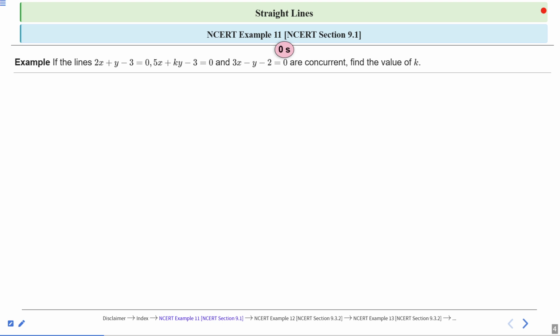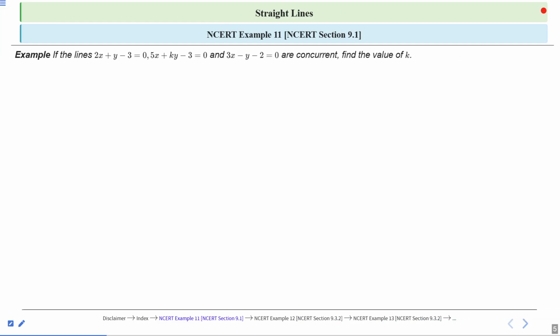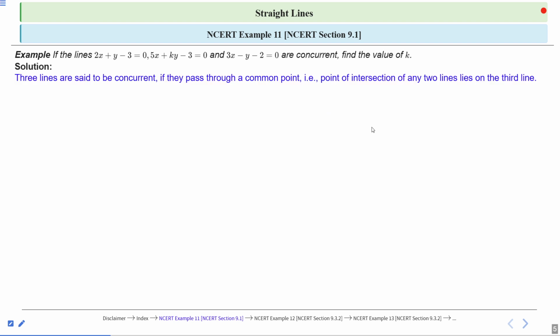Okay students, now we will see how to solve this question. We are given that these three lines are concurrent and we have to find the value of k. So let us see the solution.